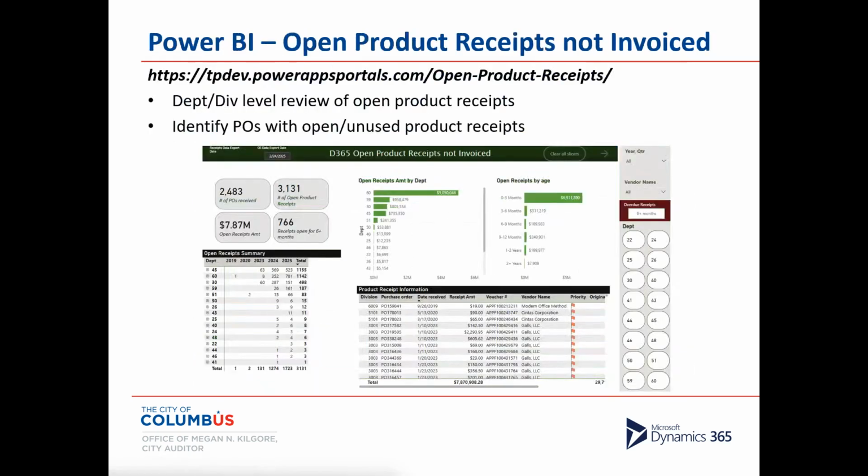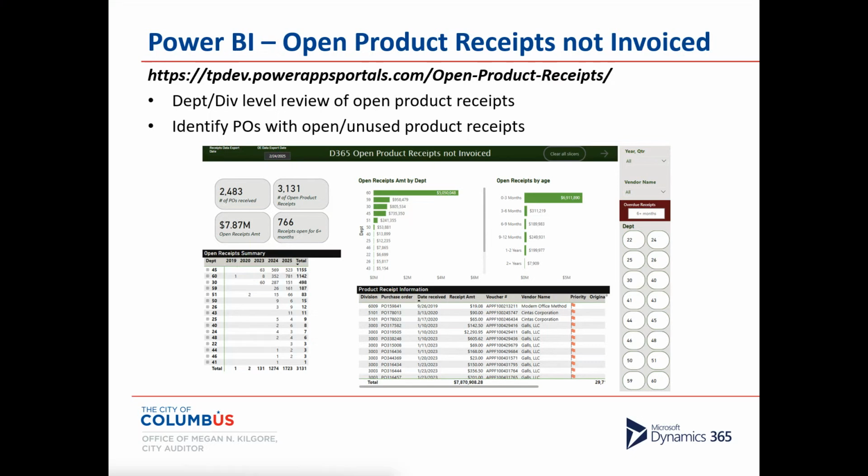Last year, we introduced a Power BI report called Open Product Receipts Not Invoiced. This is a department division level review of purchase orders that have open product receipts. So we cannot cancel or finalize any purchase orders that have an open product receipts.